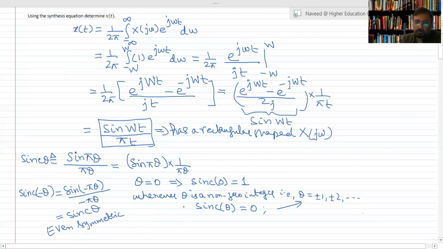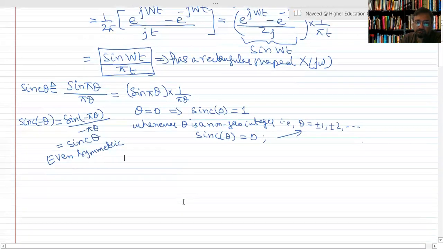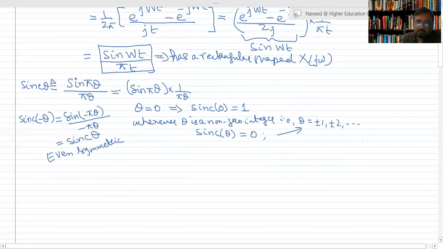And now if we plot this function, here we have theta. At theta equal to 0, the value of this function is 1.